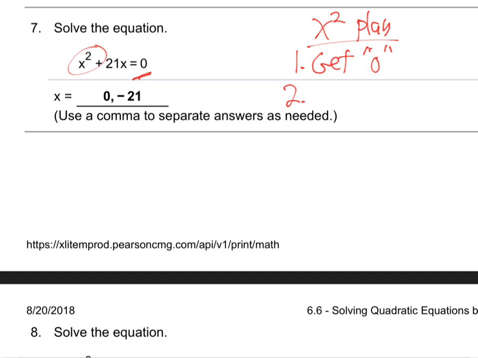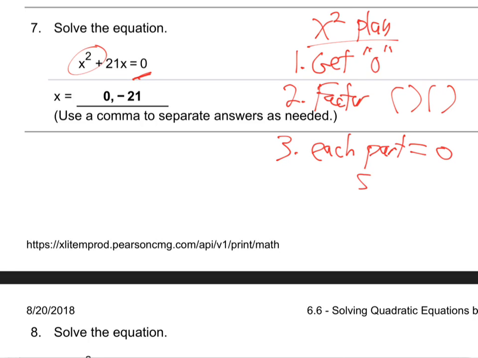But in a minute, we'll be needing to do that. Get a 0 on one side. Step 2, factor the other side, like with parentheses. And then step 3, each part equals 0 and solve. So that's the game. I should have said x squared with an equal sign plan. So when you have x squared and you have an equal sign, this is the plan.